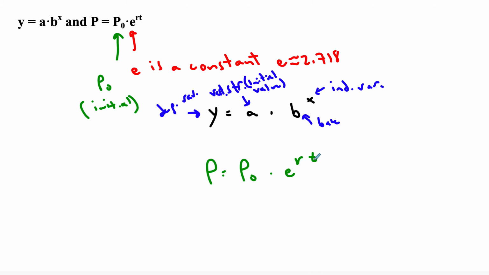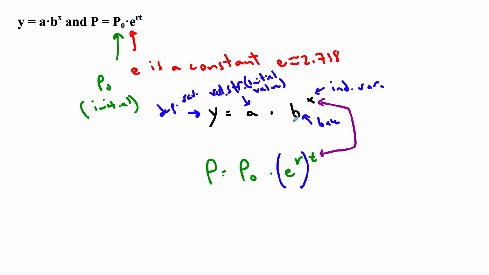e^(rt). Now this is r times t. I am going to consider this as a unit. Remember, e is a constant, it's 2.718, so just think of it as a number, raised to r, which is some other value, we'll talk about exactly what it represents in a sec, but it represents this rate here, okay? So what this means is if you're matching stuff up from an exponential to an exponential, this x and this t are both the independent variable.